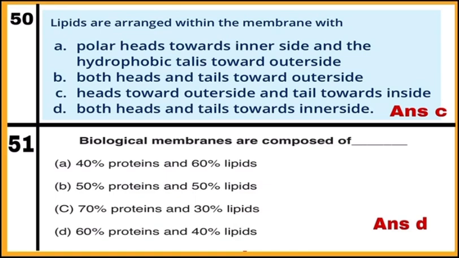Question 50. Lipids are arranged within the membrane with option C, heads towards outside and tail towards inside. Question 51. Biological membranes are composed of option D. Biological membranes are composed of 60% of proteins and 40% of lipids.